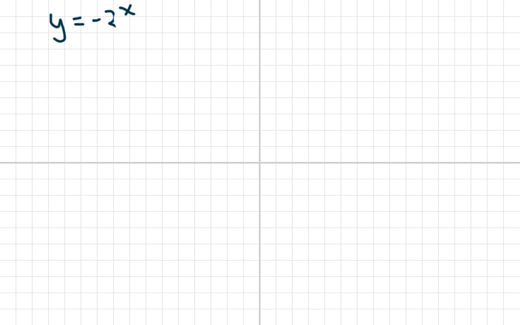Now, let's do -2x. So we already knew what 2 to the x is, so let's do 2 to the x real quick. Move this back to blue. 2 to the x, we had 0 goes to 1, 1 goes to 2, 2 goes to 4, and so forth. It was like that.